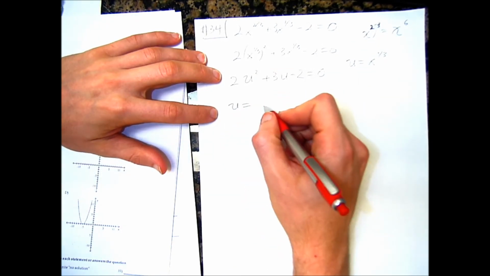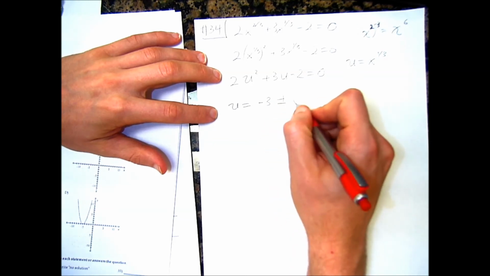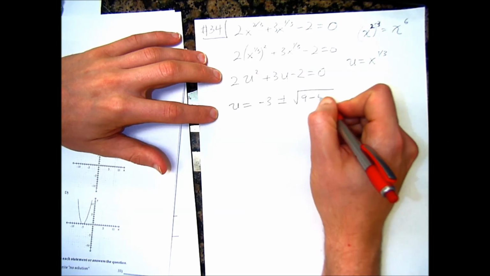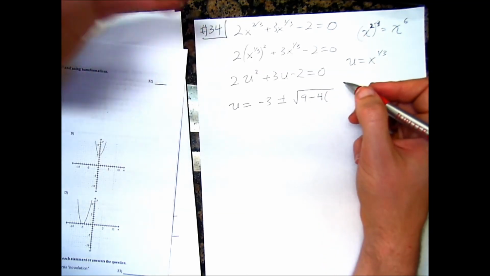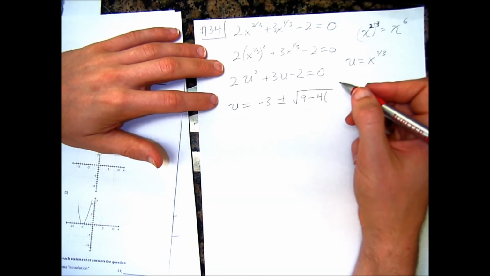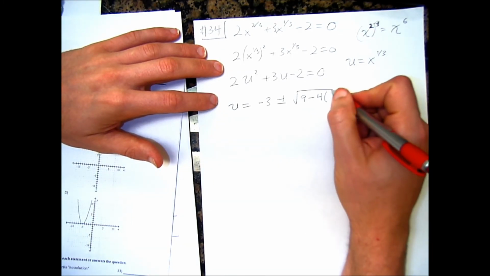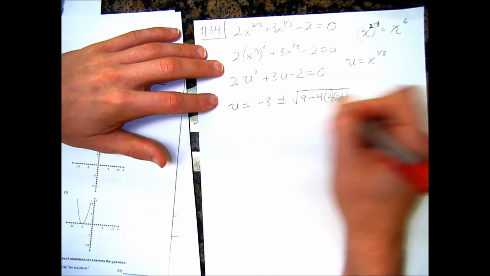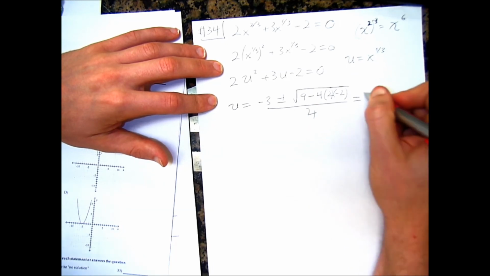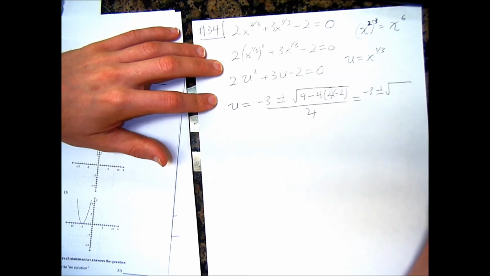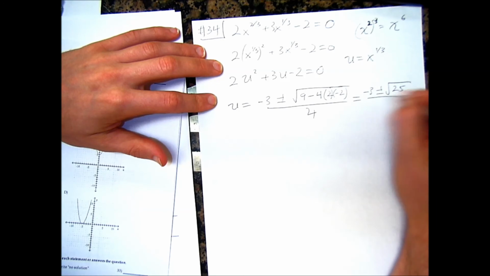u is equal to -3 plus or minus the square root of 9 minus 4 times 2 times -2, all over 4, is equal to -3 plus or minus the square root of 8 and 2 is 16, and 9 is 25, so this is over 4.